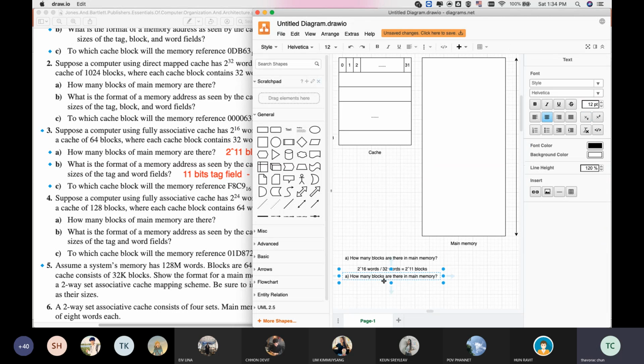So question B is about the format of main memory, which is the fully associative cache.